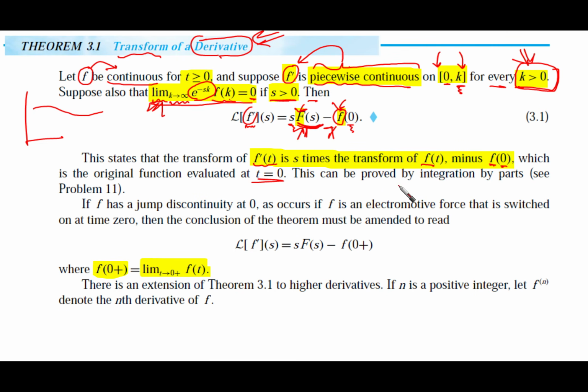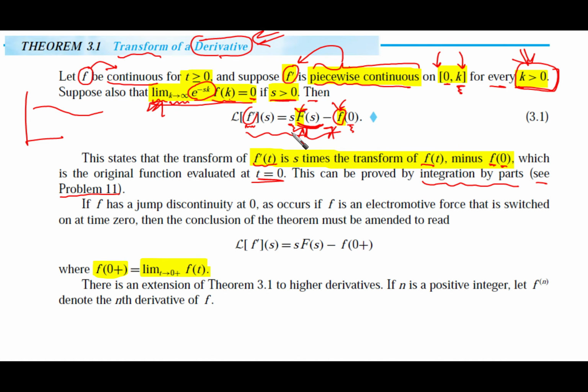This can be proved by integration by parts. You can prove it easily. You can see problem 11 in the textbook. It is a problem you can solve by yourself if you want. The derivation is not a big deal. Just for illustration, you can go to this problem and solve it by yourself. You're going to find that what we are saying here is true.